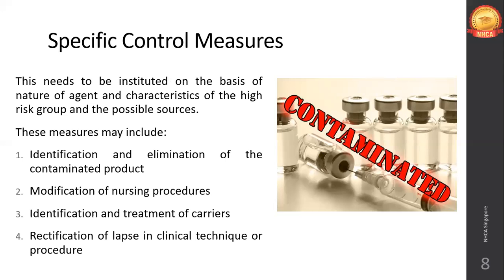These measures may include identification and elimination of contaminated product. What is contaminated, what is causing the infection, that has to be eliminated, if it is an inanimate object. Modification of nursing procedures, which will now be specific to contain that outbreak. Identification and treatment of carriers, if any.